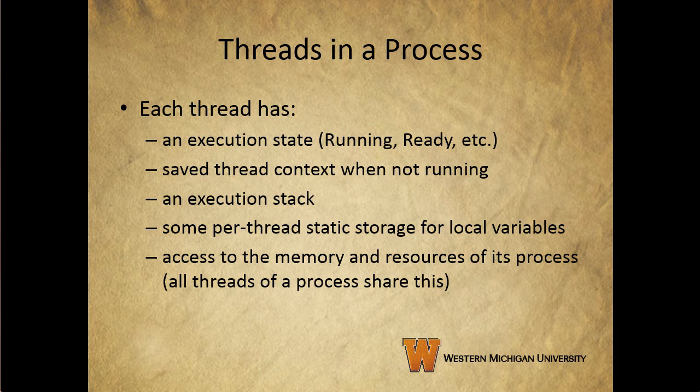Each thread has an execution state, running, ready, etc. The saved thread context when not running, just as a process saves its context when it's not running, each individual thread has its own context that can be saved when it's not running, has its own execution stack, some per-thread static storage for local variables that are thread-specific, and this is one to pay a lot of attention to, though, access to the memory and resources of its process. Now, every single thread within a process has access to the memory and resources of the process that it's a part of.